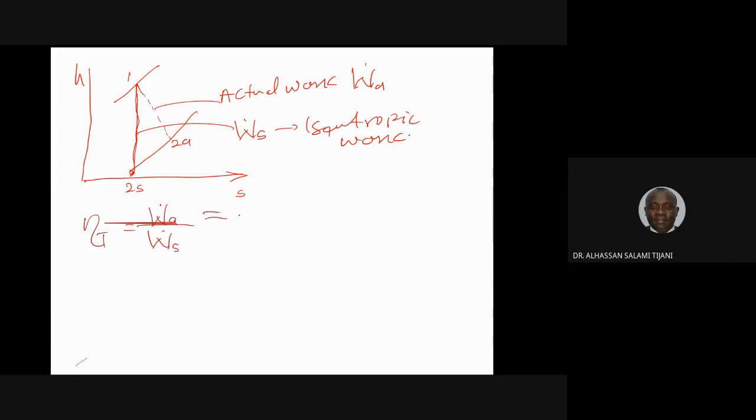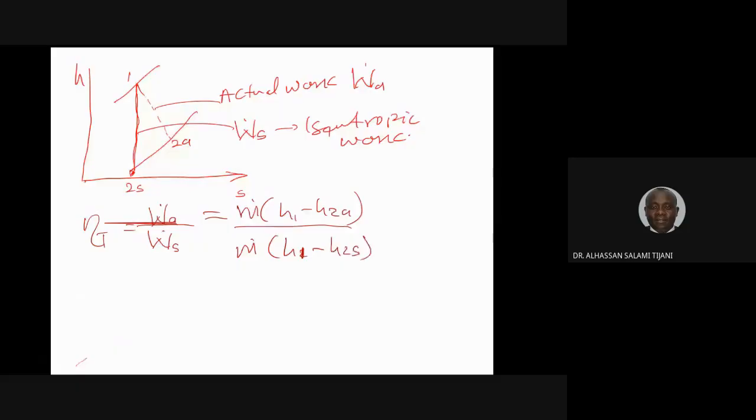And what is WA divided by WS? It is given by the mass flow rate of the steam times (H1 minus H2A) divided by the mass flow rate times (H1 minus H2S). Okay, so that's the basic definition.